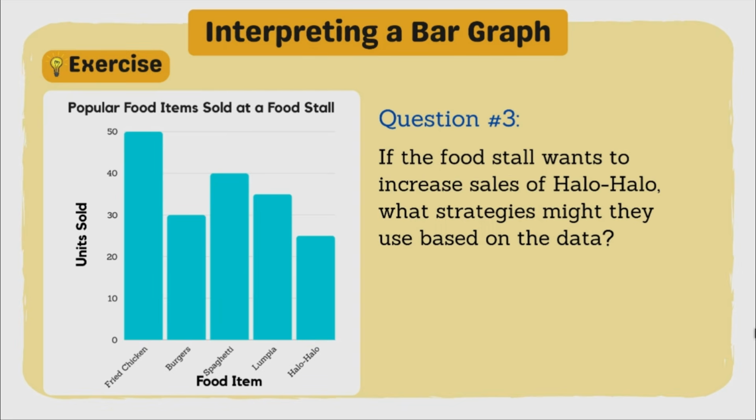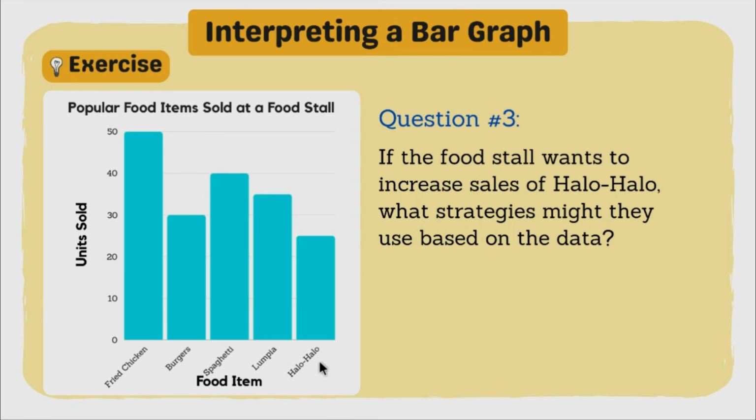Okay, for question number 3, we have here, if the food stall wants to increase sales of halo-halo, what strategies might they use based on the data? Okay, so kung nagtataka kayo bakit ganito yung questions, now remember, in interpreting data, hindi lang po sana yung surface level lang ang tinitignan natin. Kasi usually, ang ini-interpret natin sa bar graph is kung ano yung pinakamataas, which is here, in this case, fried chicken, at ano yung pinakamababa.